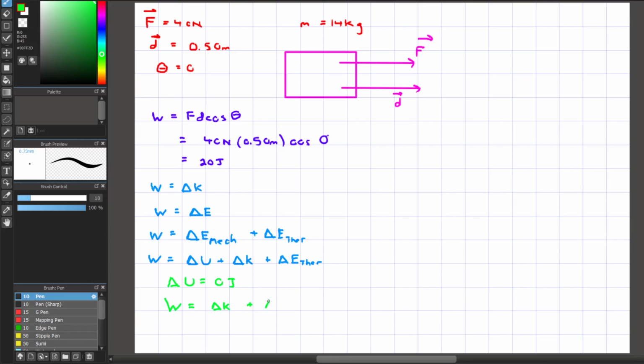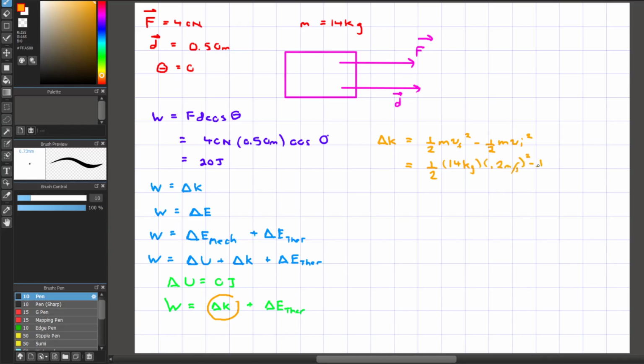However, there is a change in kinetic energy as it decreases from a speed of 0.60 meters per second to 0.20 meters per second. So let's go ahead and calculate the change in kinetic energy. It'll be delta K equals 1/2 times 14 kilograms times 0.2 meters per second squared minus 1/2 times 14 kilograms times 0.6 meters per second squared.